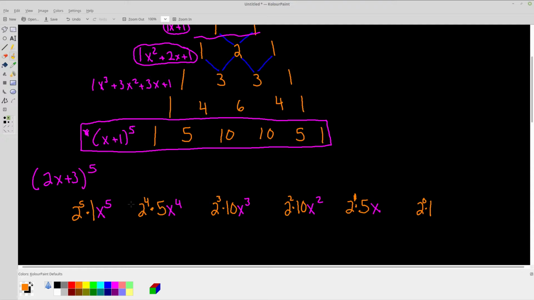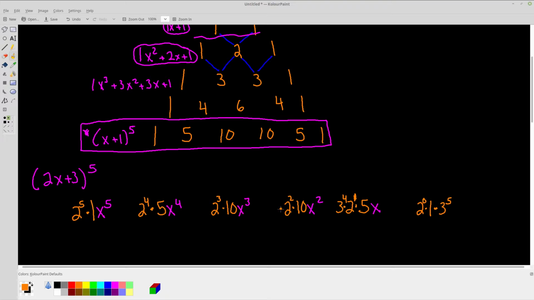We're also going to have the same thing with the 3, except it's going to be in reverse. Starting on this end, we're going to have 3 raised to the fifth. I'm running out of room, but I'm going to try my best to squeeze this in. Now we're going to have 3 raised to the fourth.